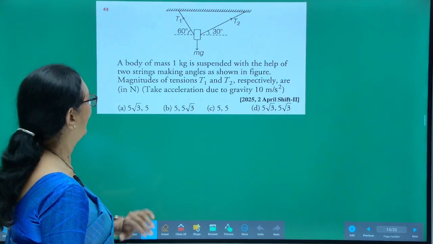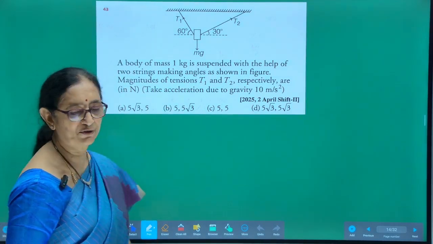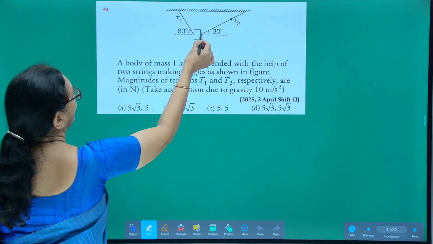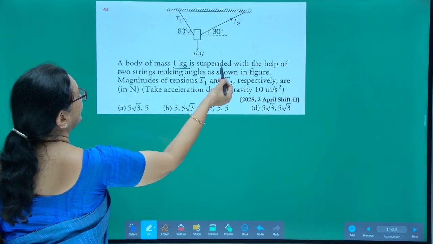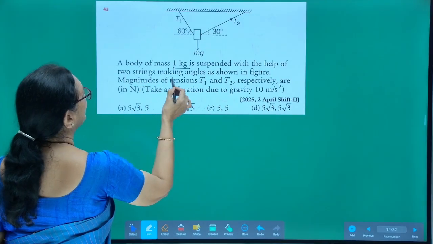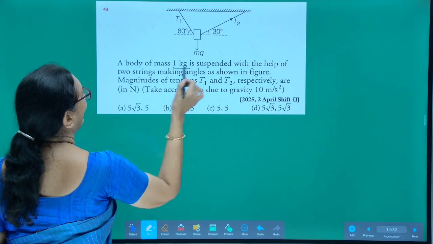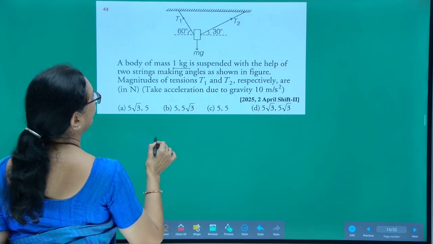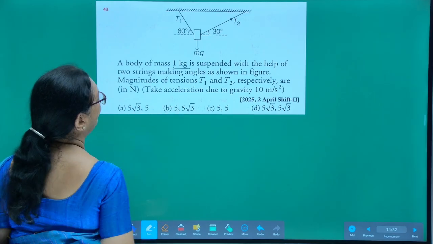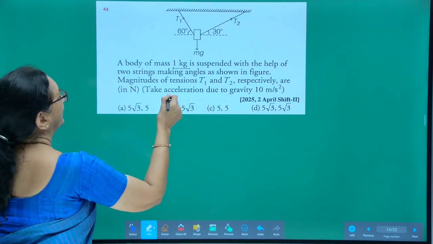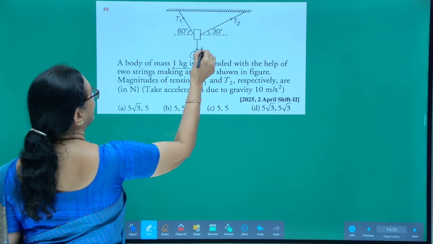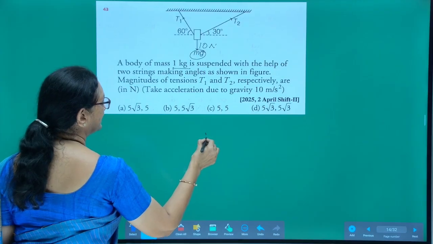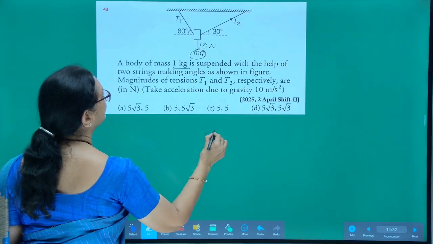Now, again, another problem based on Lami's theorem. Look here. See, a body of mass 1 kg is suspended with the help of two strings making angles as shown in the figure. Tensions are T1 and T2 respectively. So, you have to find out the tensions. Look here, mass is 1 kg, mg is 10 Newton. So, I am just drawing that figure.